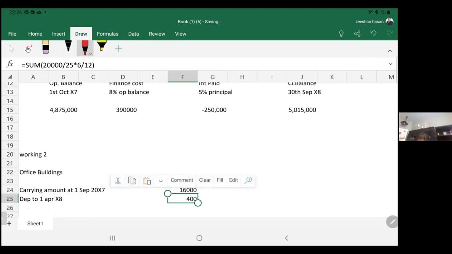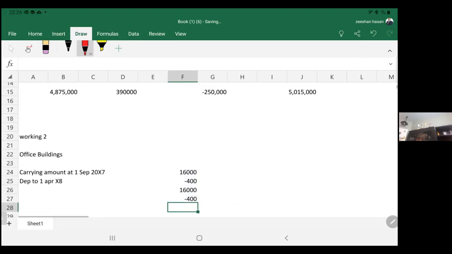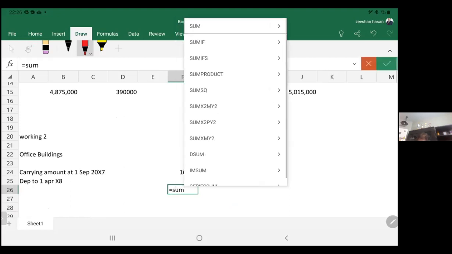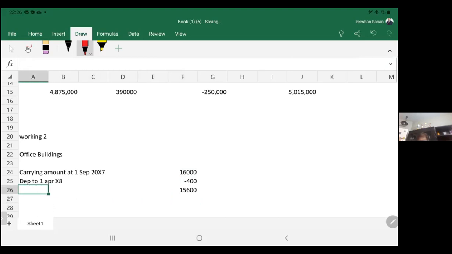And mind you, we have to deduct, so minus in front of it, and we will get the carrying amount, which is the sum of this and this, 15,600. Okay, that's our carrying amount.